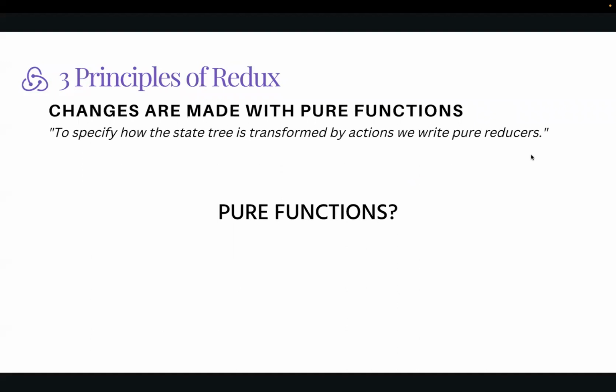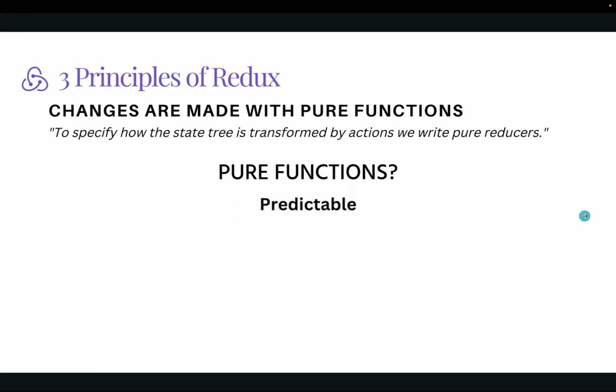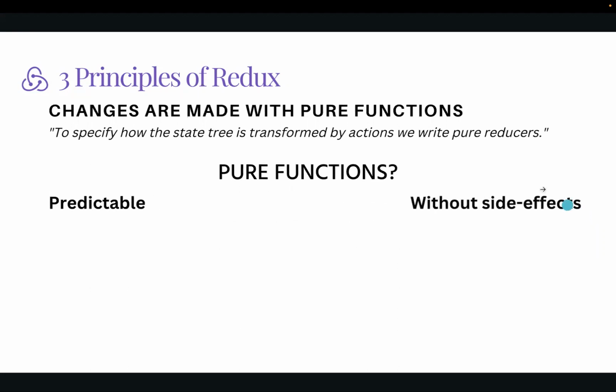To specify how the state tree is transformed by actions, we write pure reducers. Reducers, is everyone comfortable with reducers? How to write reducers, how to write actions? Everyone comfortable? I told you, if you are comfortable with useReducer, you will be pretty comfortable with Redux, believe me. Pure functions are predictable, without any side effects.